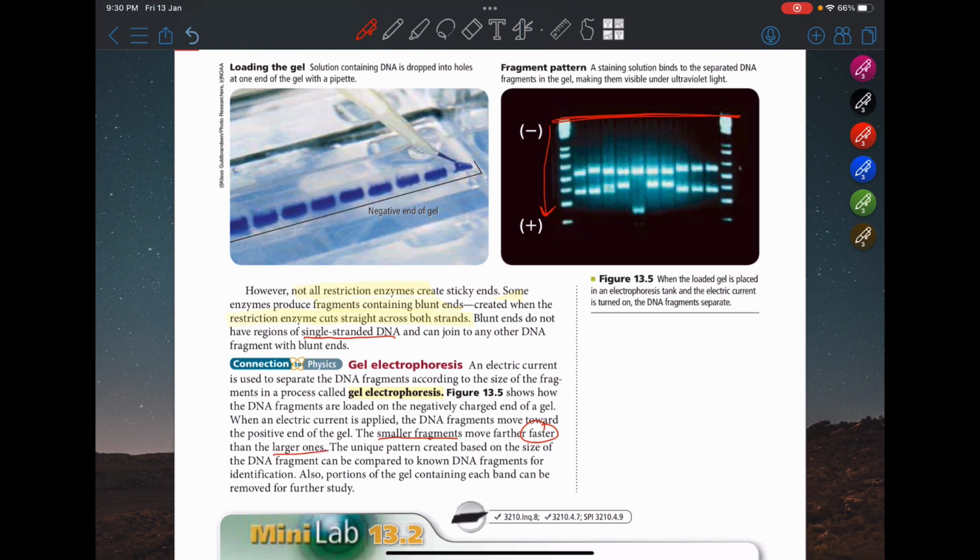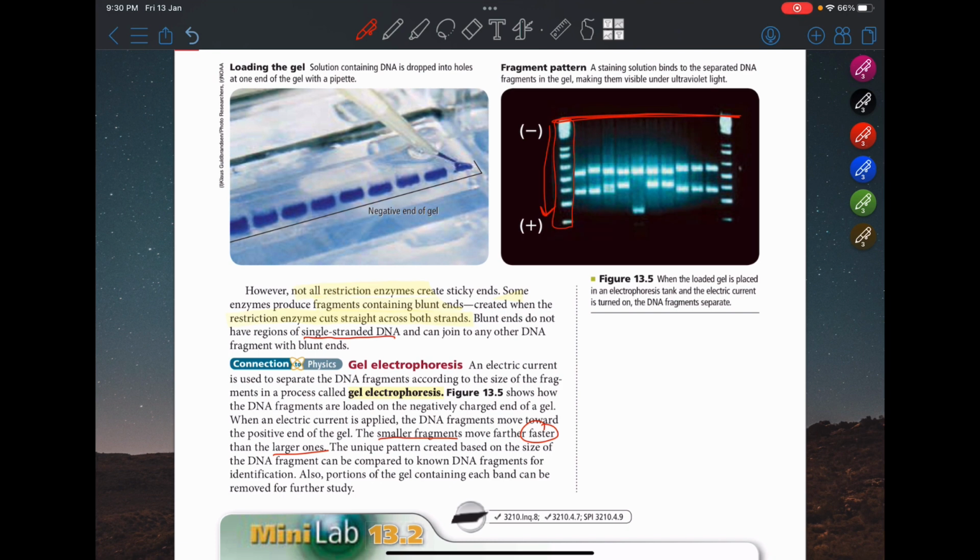And the unique pattern created based on the size of the DNA fragments can be compared to the known DNA fragment for identification. So right here we've got something called a marker, or the known DNA. So I know this DNA, it's my marker, it's what I'm basing the rest of the DNA on. So it's what I'm comparing everyone else to.